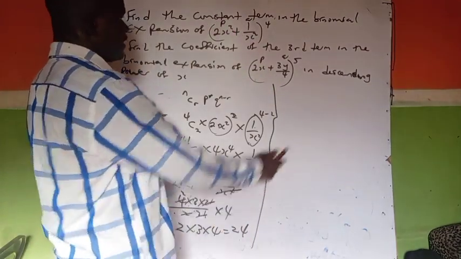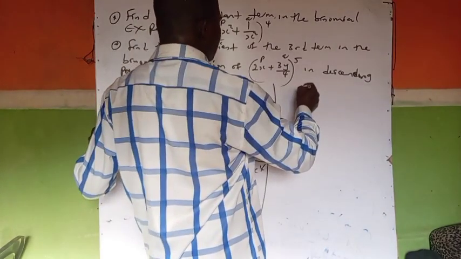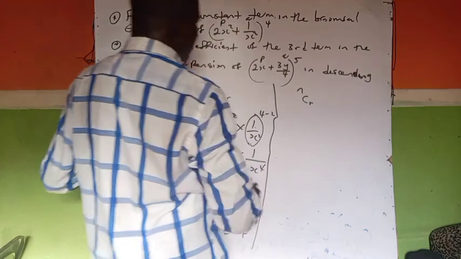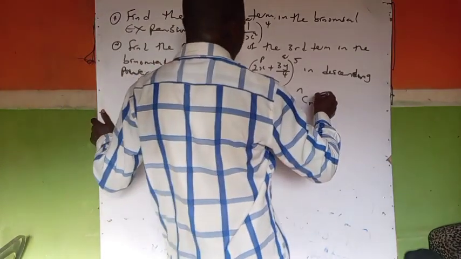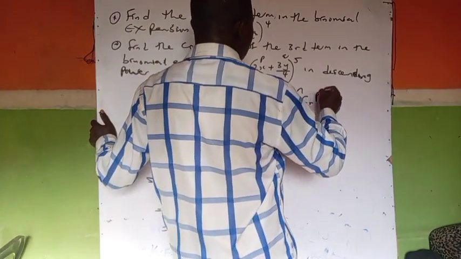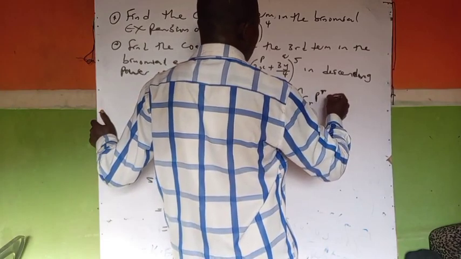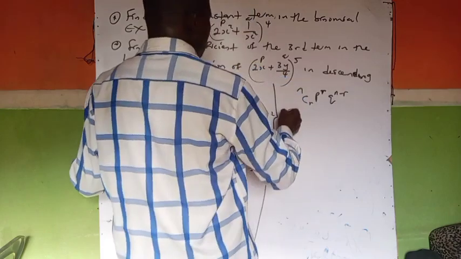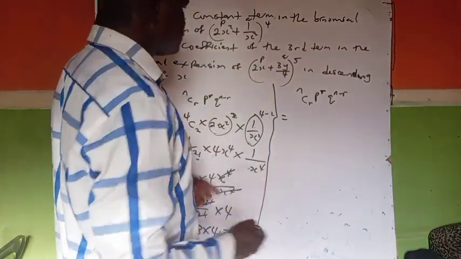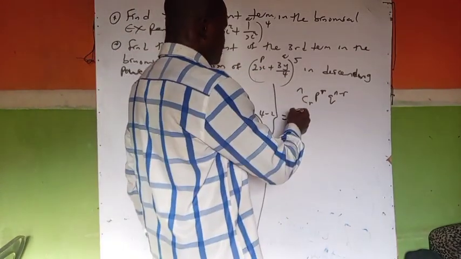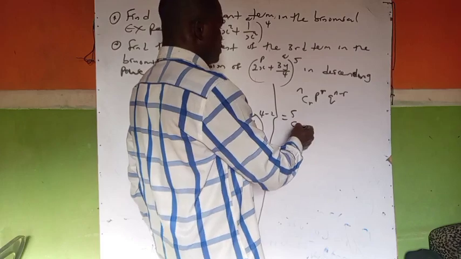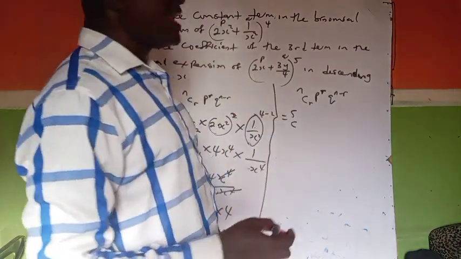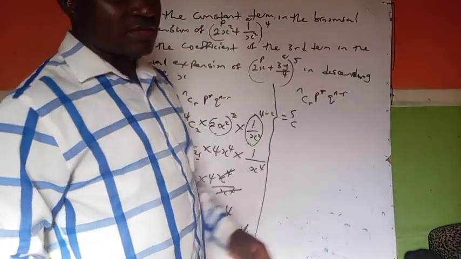So what you have here, just as we have the formula there, this combination R, P raised to power R and Q raised to power N minus R. So now here this represents 5 combination R. Now here you are talking about the third term.